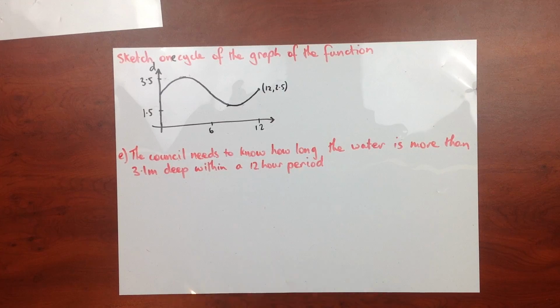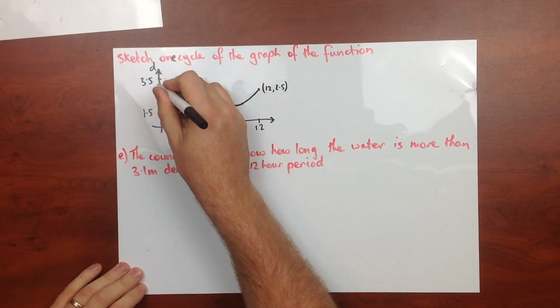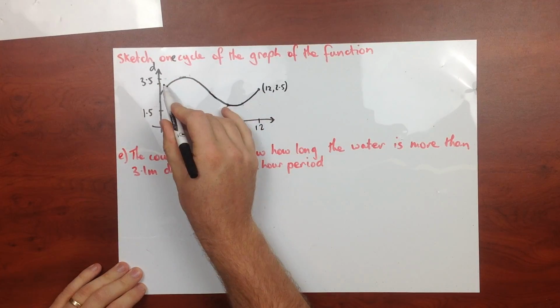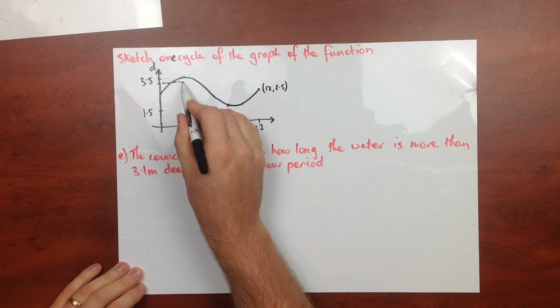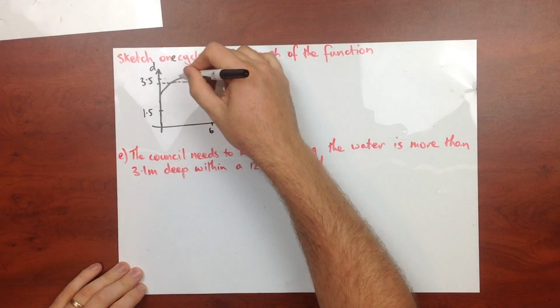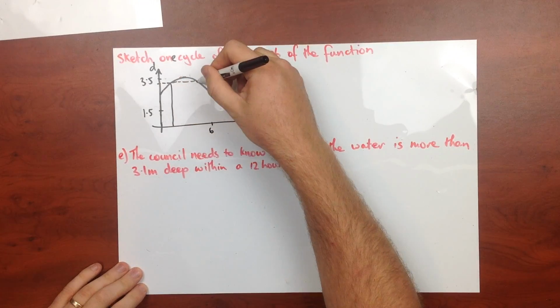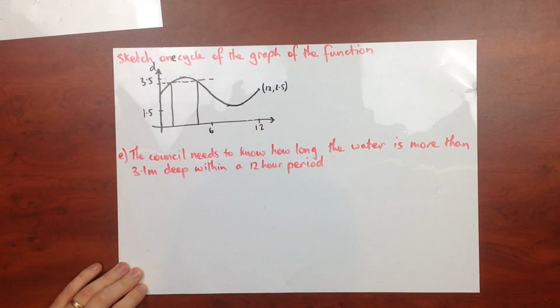Now the next part: the council needs to know how long the water is more than 3.1 metres deep within a 12-hour period. So we're thinking, where's 3.1? It's going to be up here somewhere. If we draw a line through there, the council needs to know how long we're above this height, so we need to solve this and find these two values.